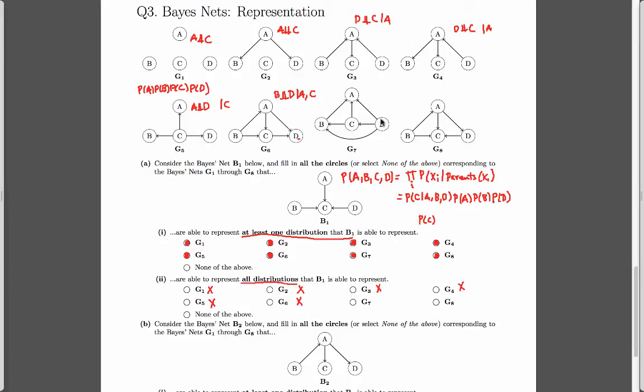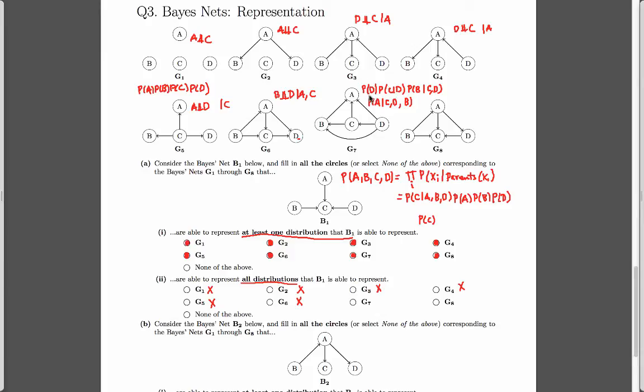D doesn't have any parents, so this distribution is equal to the probability of D times the probability of C given D, because C only has one parent, times the probability of A given C and D, times the probability of B given A, C, and D. And we can see that this is exactly the chain rule.